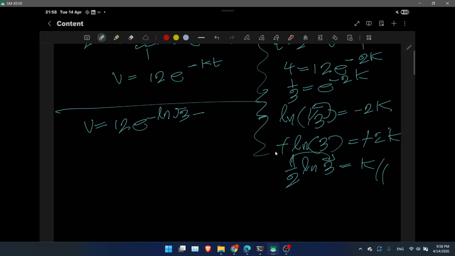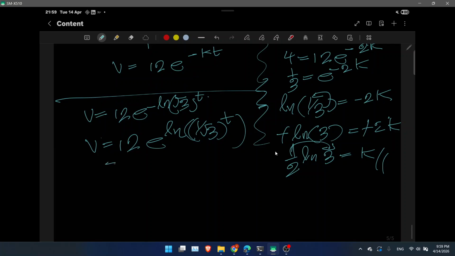Times t. So e to the ln of something. This t can also be put inside the ln value, and this minus also goes inside. So again, 12 e to the ln of 1 over root 3 to the power t.